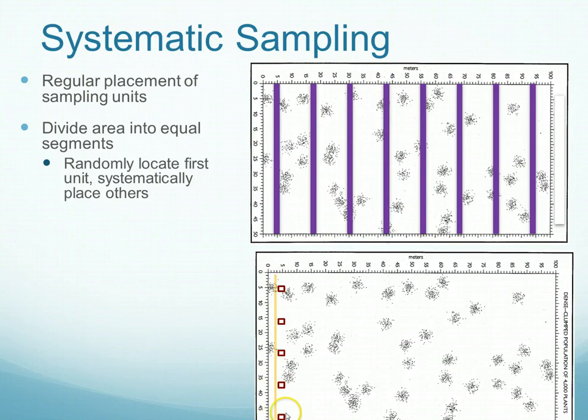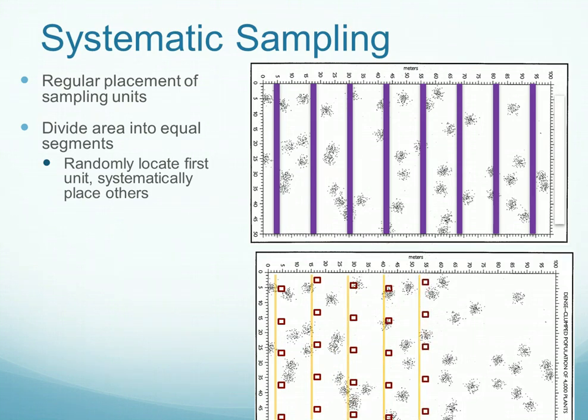We then randomly locate the first quadrat, and the subsequent quadrats on this transect are located systematically from that first quadrat. We do the same with the next transect, locating a new starting point for the quadrats that are then systematically placed after that first one. And we do this repeatedly until we have all of our sampling units allocated.